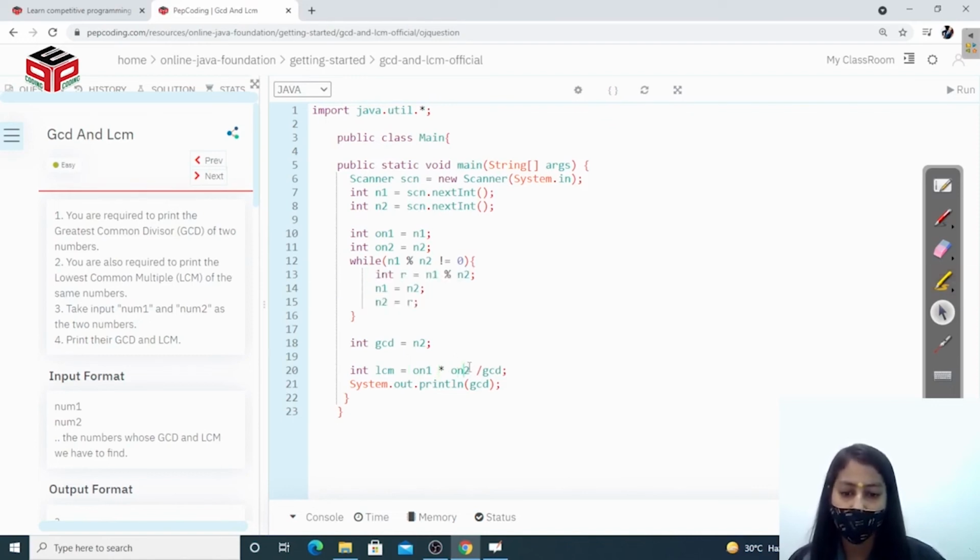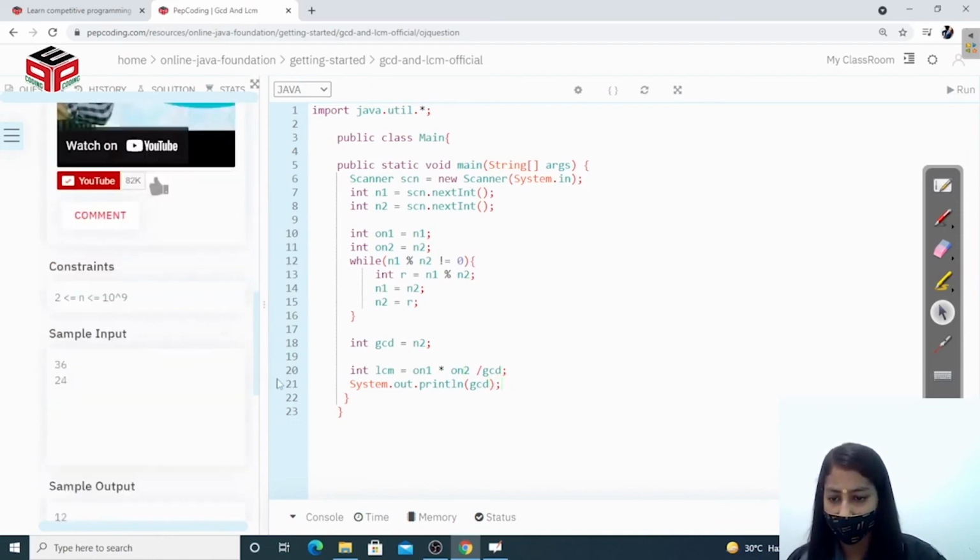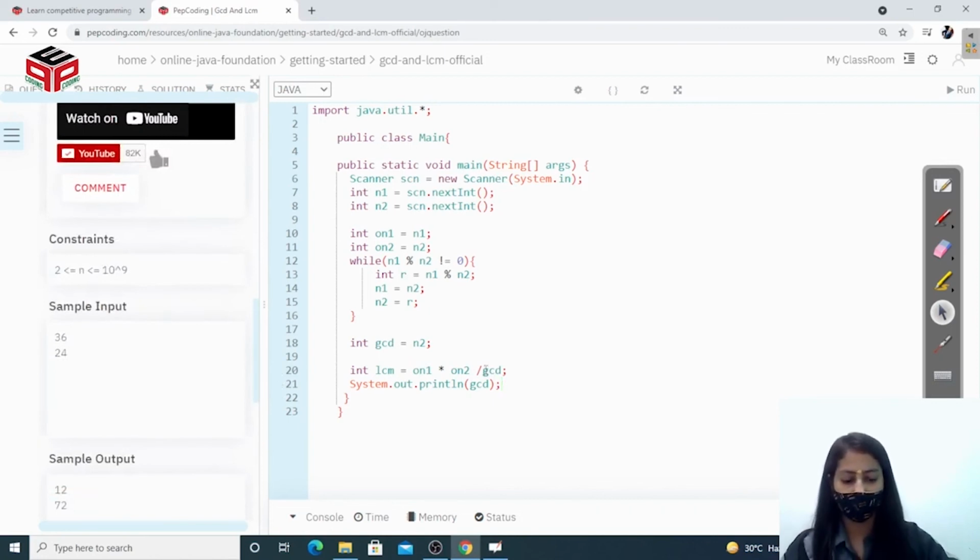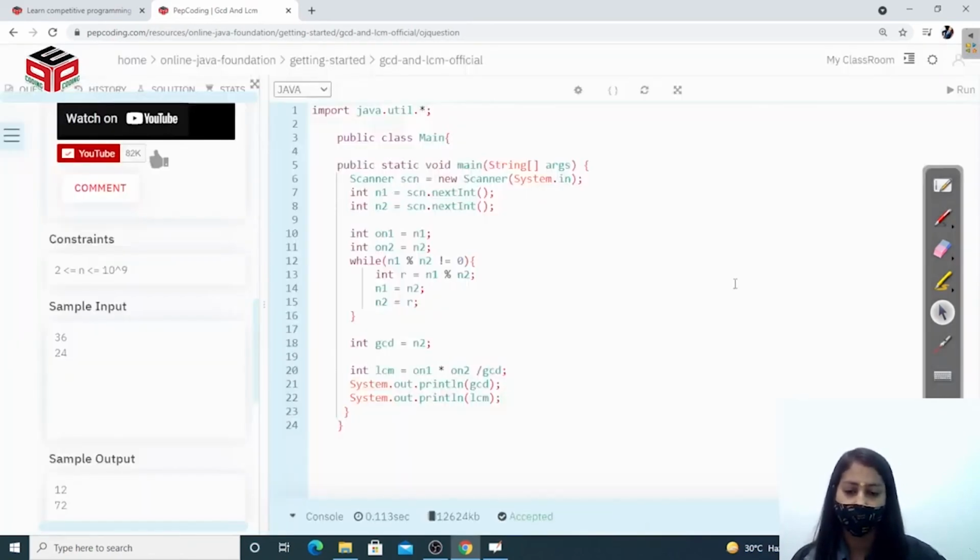So we have to use the original numbers here, otherwise the numbers are going to be modified in this while loop, right? So this will give us the LCM, and we have to print it on a separate line. So after GCD, let me print the LCM, right?